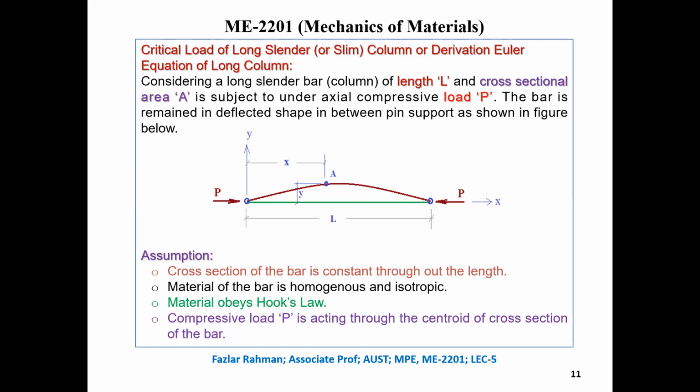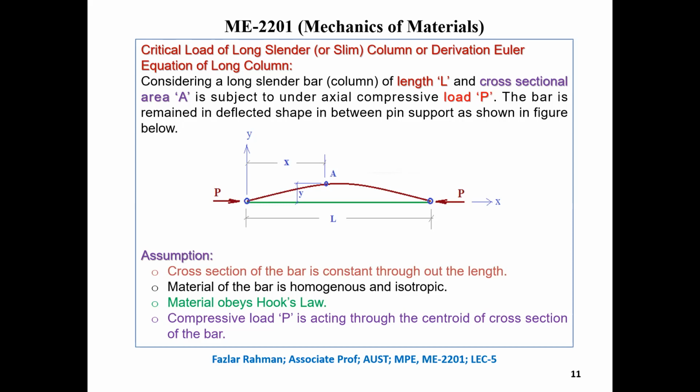Normally we have three formulas for columns. Number one is the Euler equation, which is used for long columns. The other is the Johnson equation, which is used for short and intermediate columns. The third formula is for columns with eccentric load, meaning you apply a load, but the load does not go through the center or CG of the cross section.